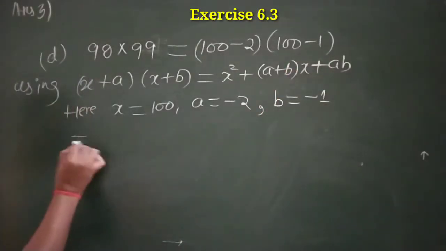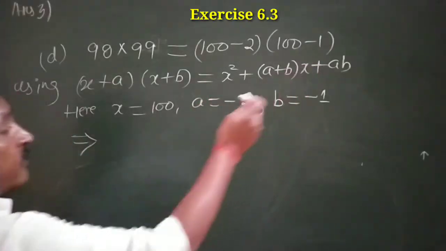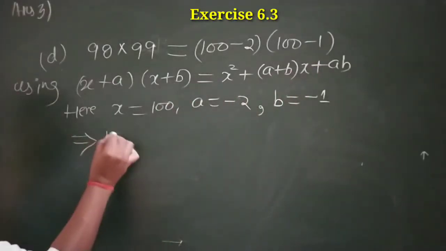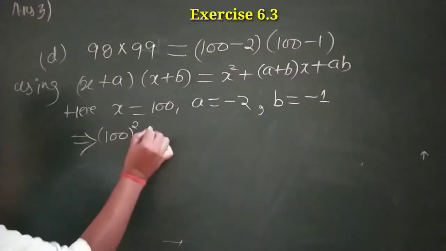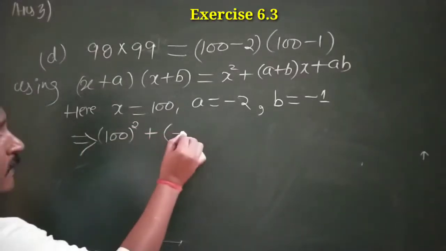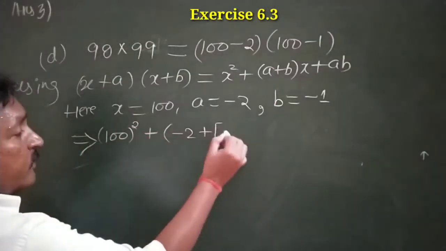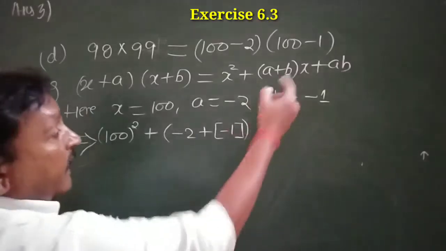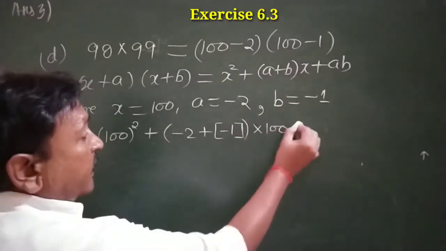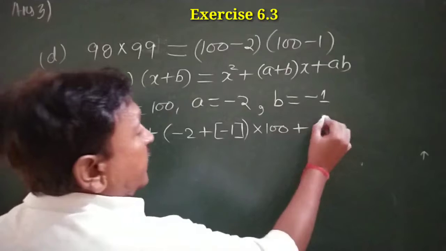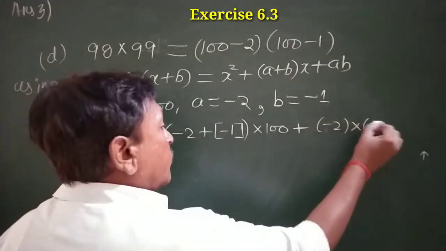Now substitute the values in the right hand side. x square means 100 square, plus (a plus b), that is minus 2 plus minus 1, into x, which is 100, plus ab, which is minus 2 into minus 1.